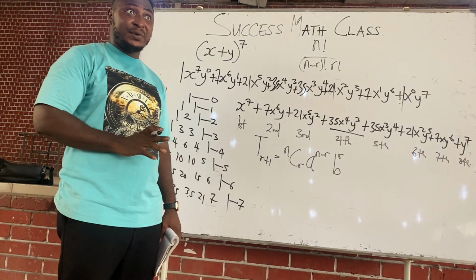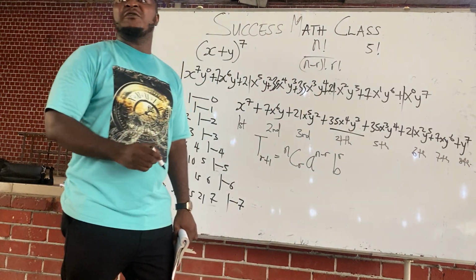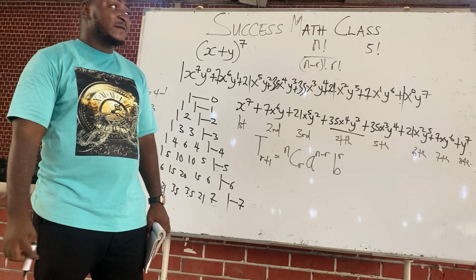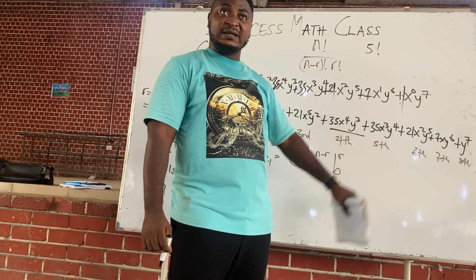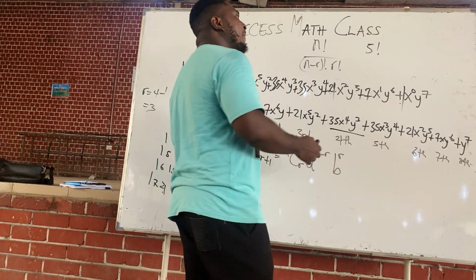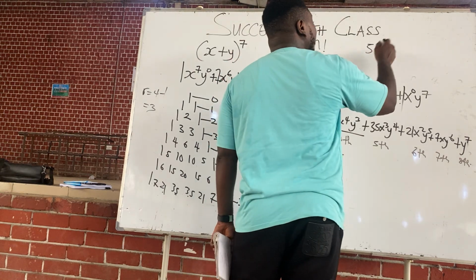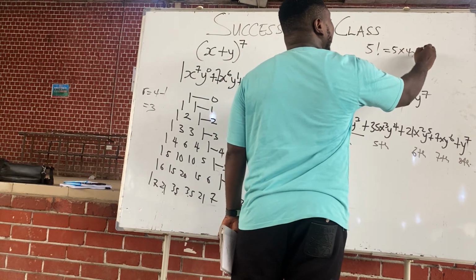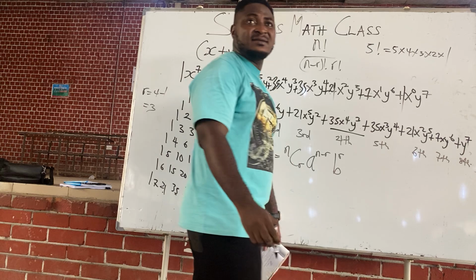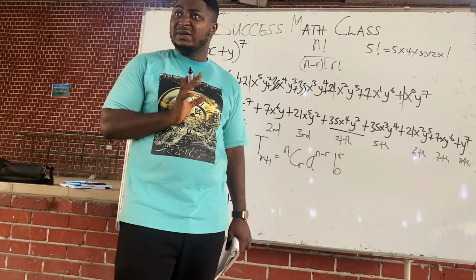Class, you have to know factorial. This symbol stands for factorial. The factorial of a number is just that number multiplied by the descending numbers till you get to 1. So 5 factorial means 5 times 4 times 3 times 2 times 1. That's the factorial of a number. Please don't let them use one big language to make you miss a simple question.